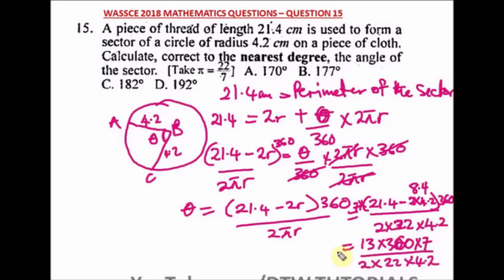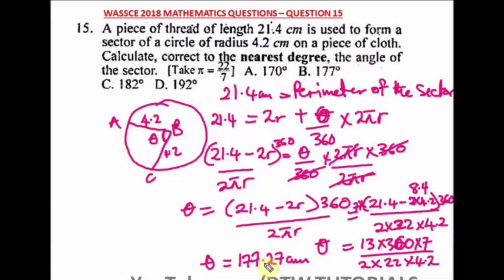If we punch these values into our calculator, theta will be equal to 177.27, and our answer says we should correct to the nearest degree.